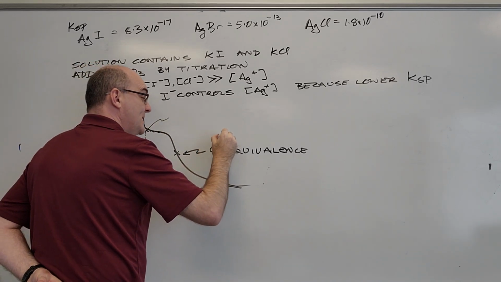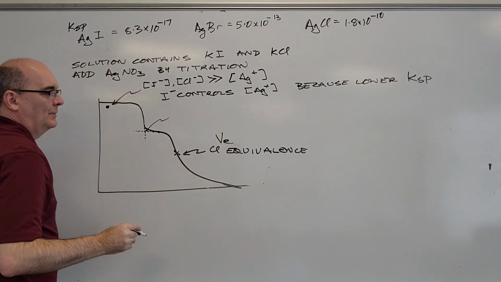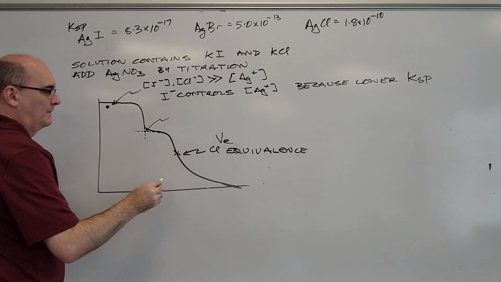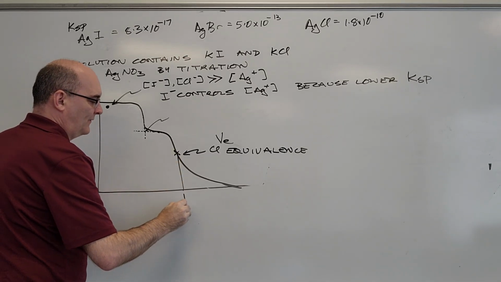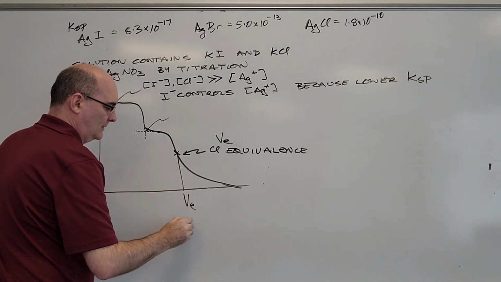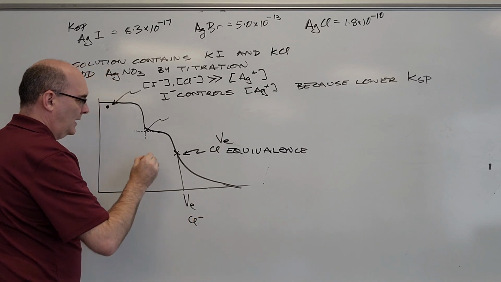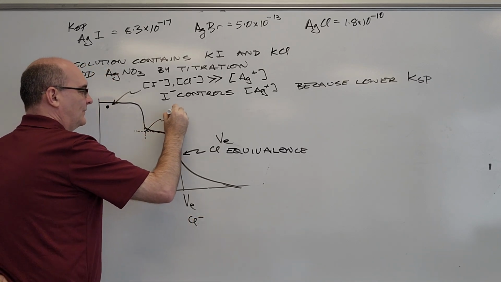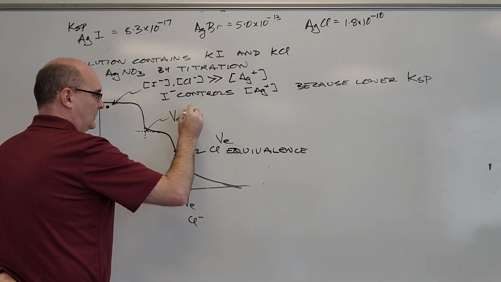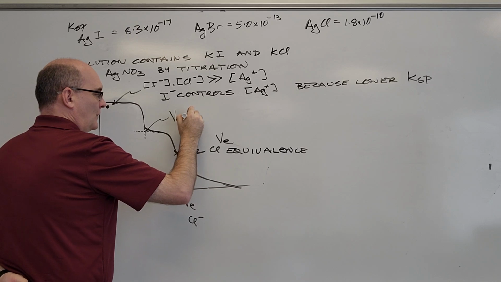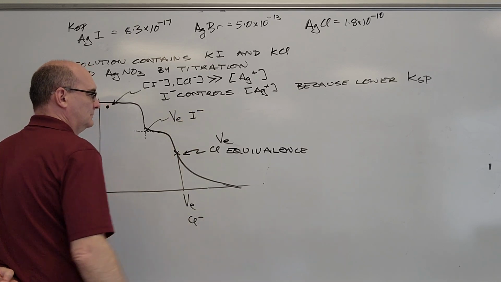So VE is the volume at equivalence. That's the volume at equivalence for the chloride ion. And this is the volume at equivalence for the iodide.